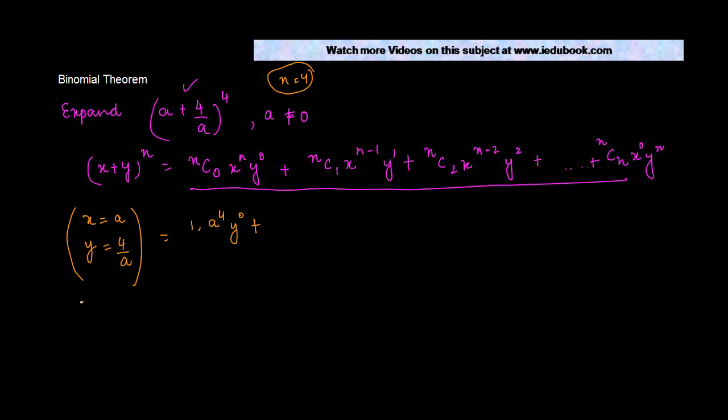We know that nCr is equal to factorial n upon factorial r into factorial n minus r.